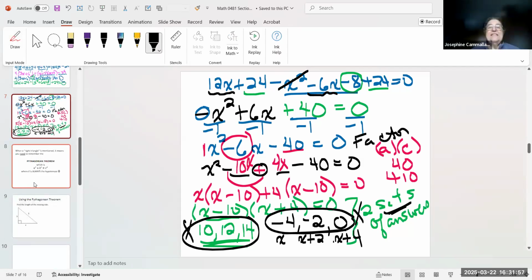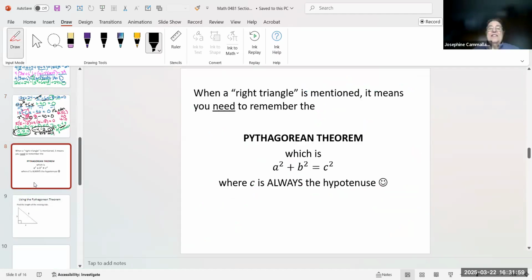Now, this one is bringing in an old concept that hopefully you remember from prior math classes. Right triangle is geometry. And I'm going to make you a little picture here.